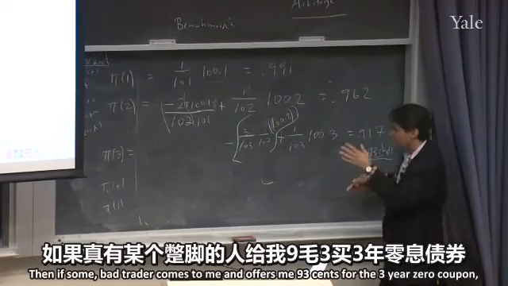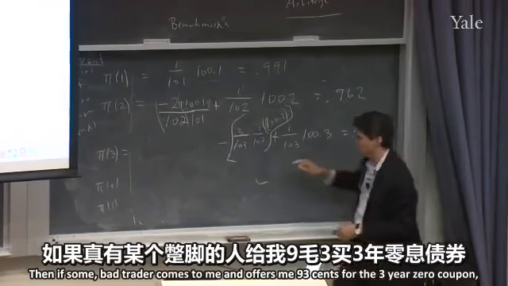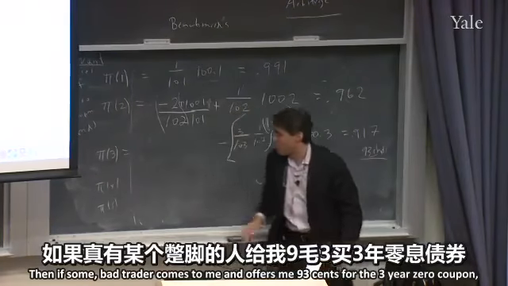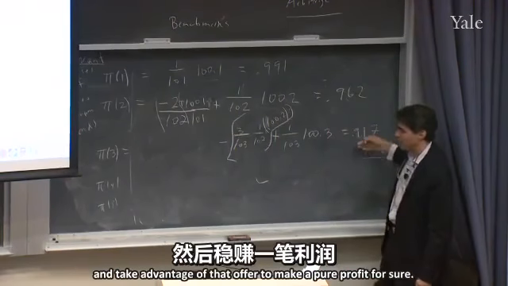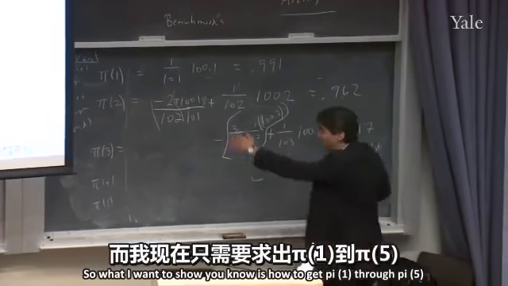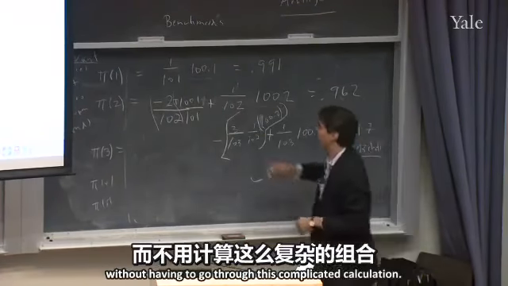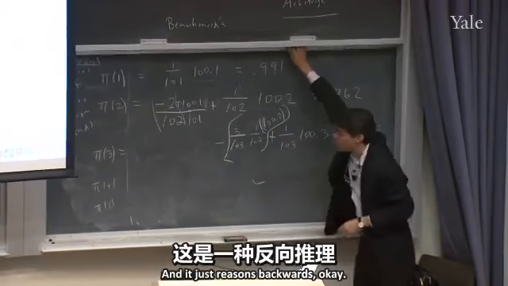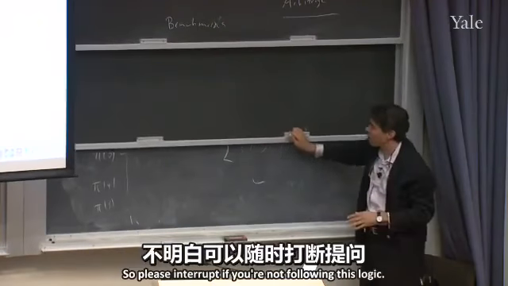Then if some bad trader comes to me and offers me 93 cents for the 3-year zero coupon, I'll figure out the replicating portfolio and take advantage of that offer to make a pure profit for sure. So what I want to show you now is how to get pi 1 through pi 5 without having to go through this complicated calculation. It just reasons backwards. Please interrupt if you're not following this logic.